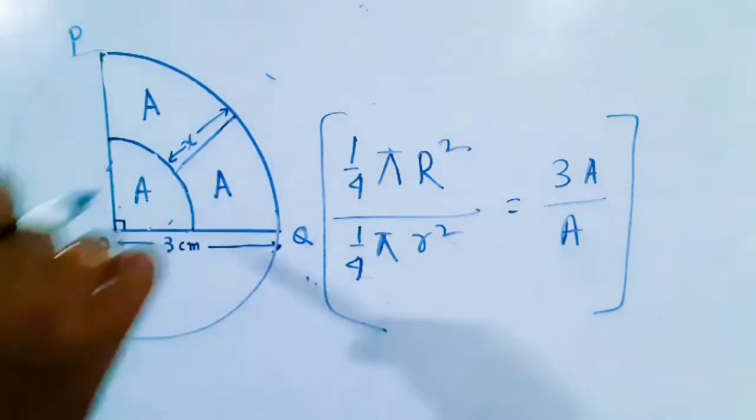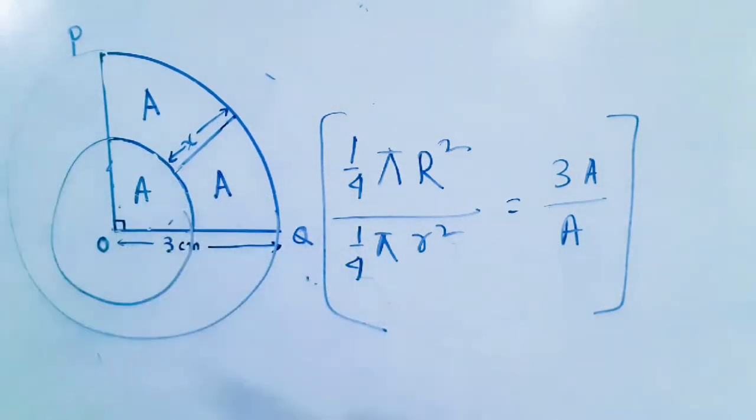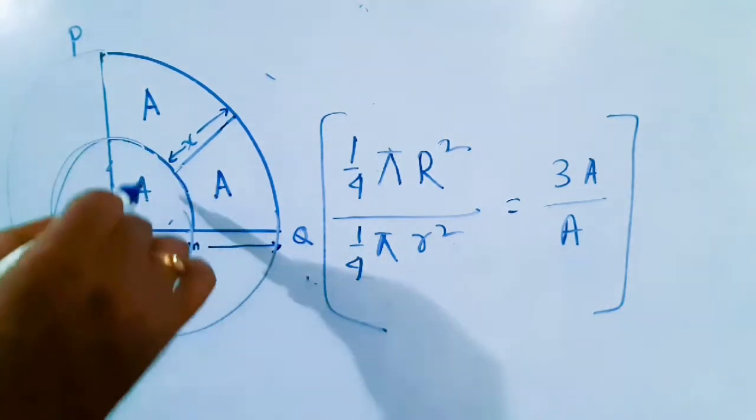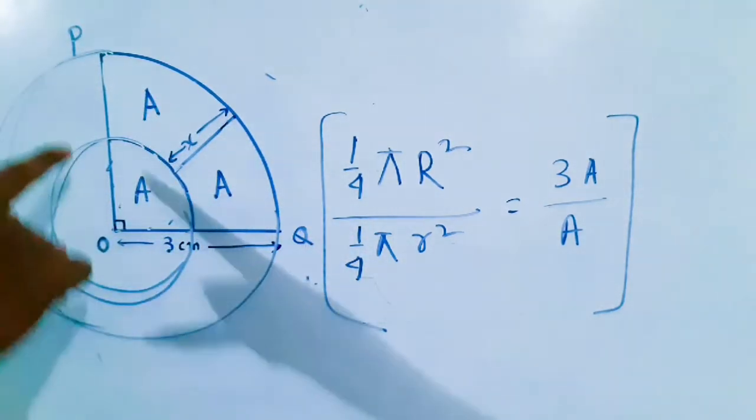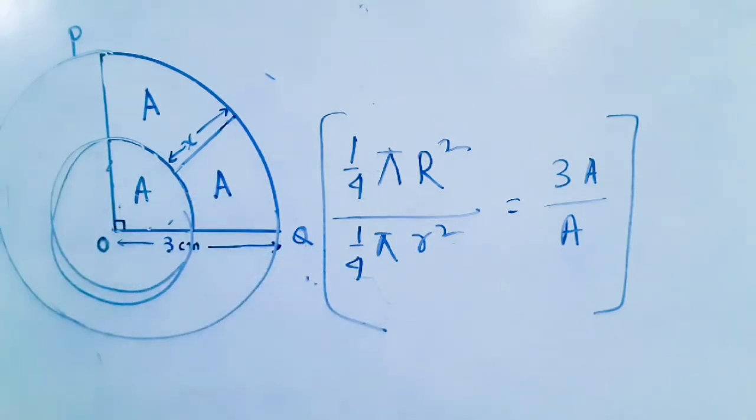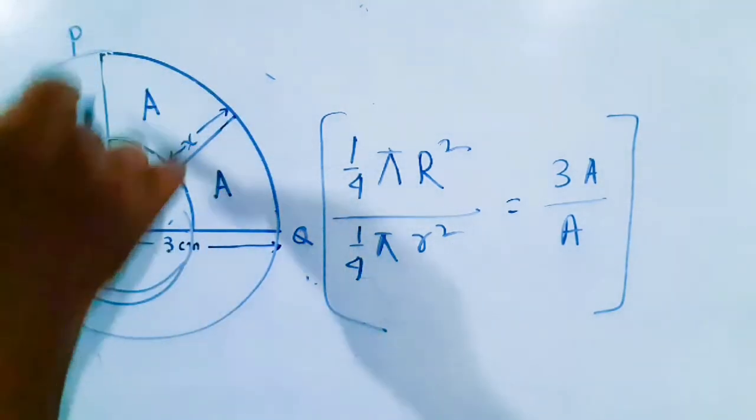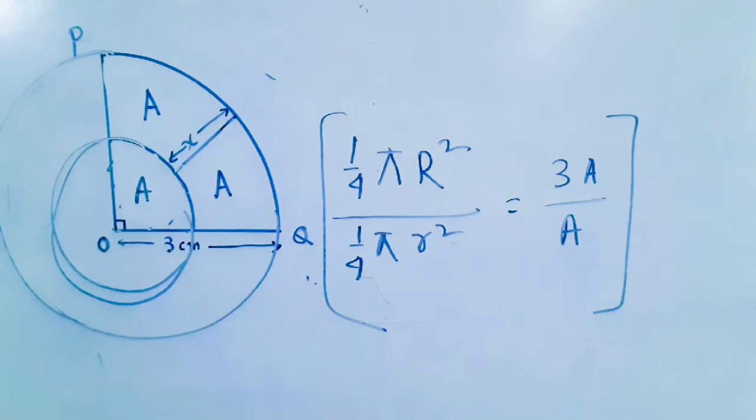If you have done this, the figure is not to scale, just imagine. So this part a is 1/4 of small circle and this part is 1/4. Already I have told.